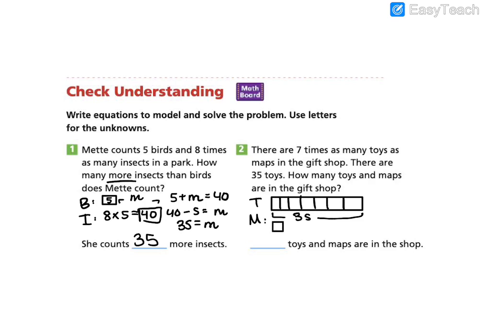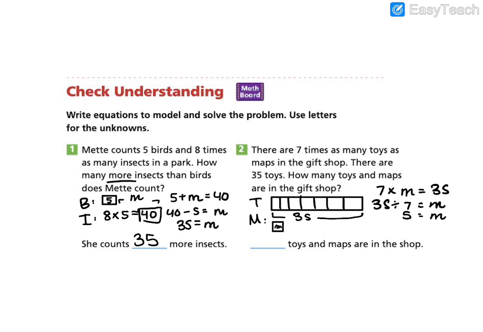I don't know my maps. So 7 times my number of maps will equal the 35 toys that I have. Again, I can use that inverse operation to find that my total number of maps is 5.